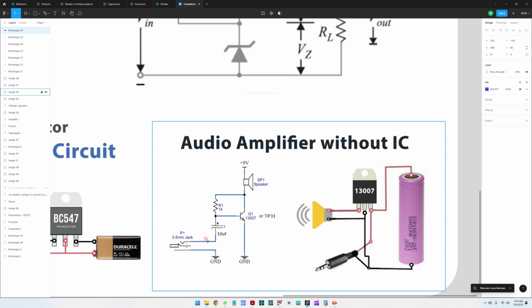The circuit will take the value from the jack. Unfortunately, you can see here the jack is using only one signal, so it will be only the left signal. The right signal is in air, because for the stereo signal you would need the two signal values. So it's going to take one audio input.